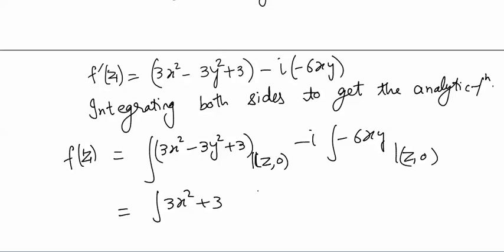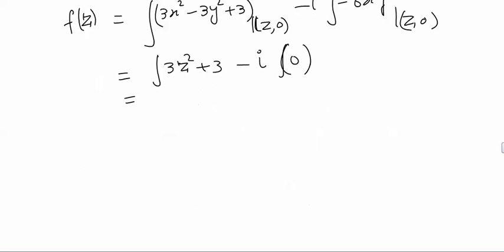X equal to z and y is equal to 0, minus iota times the integration of 0, right? So, no sorry, we'll not put x here, this x will become z basically, and this is also 0.